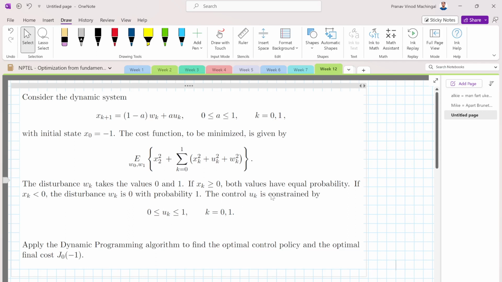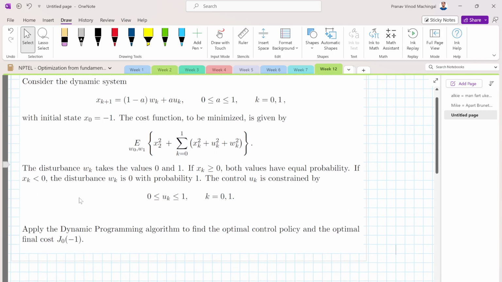The control uk is constrained by this. So here, you have these quadratics, and you can see your Q and R are 1, so they are symmetric and positive definite.